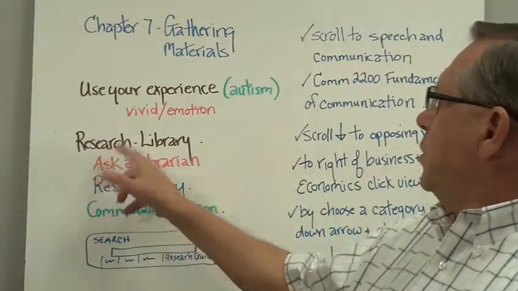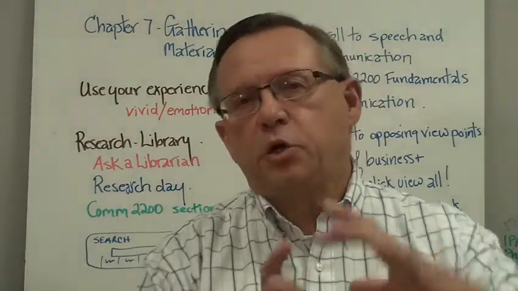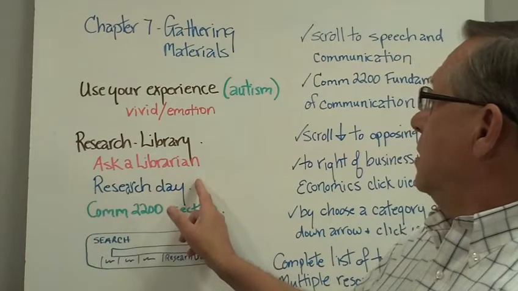Next, we want to talk about research in the MTSU library. One of the first things you need to do is to go to the MTSU library website. You'll find a chat box over there, and if you have a subject and you want to know where to search, well, just ask a librarian. She'll answer very shortly. And we are going to have a research day in the library where we will begin our research.